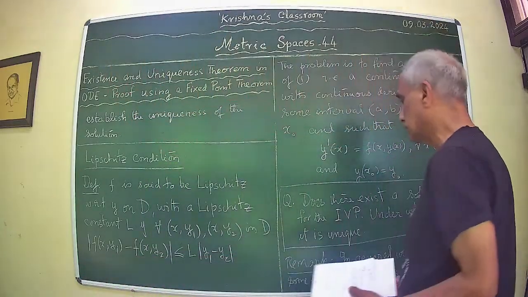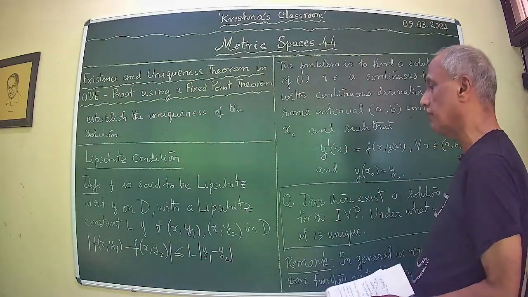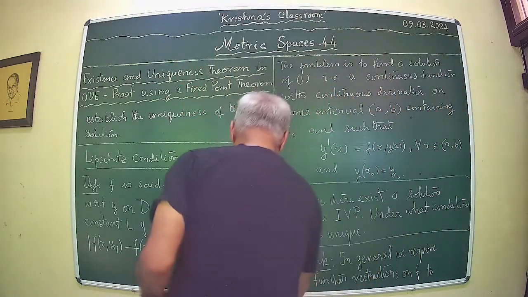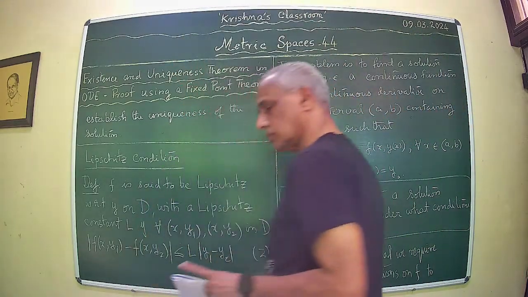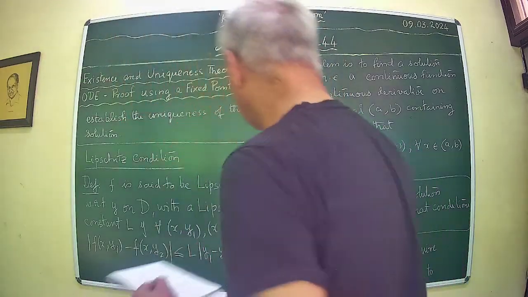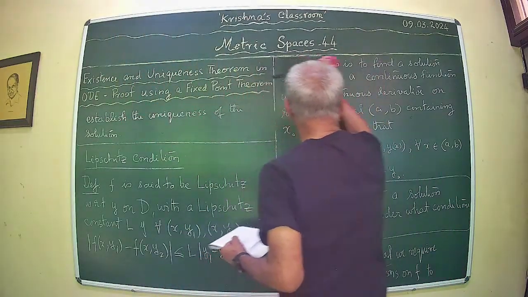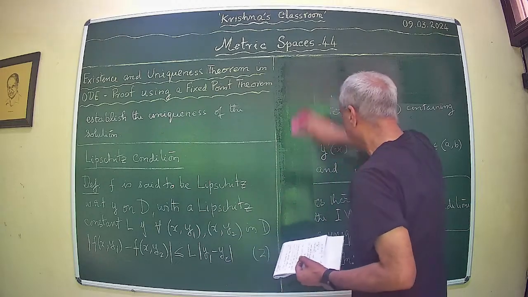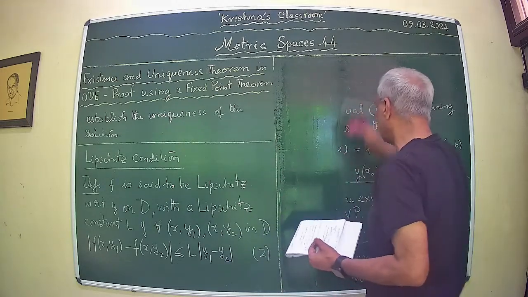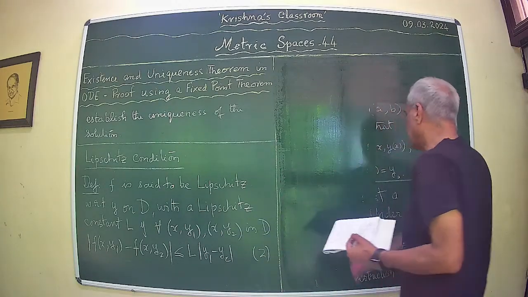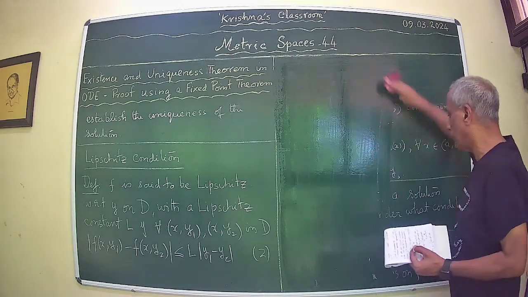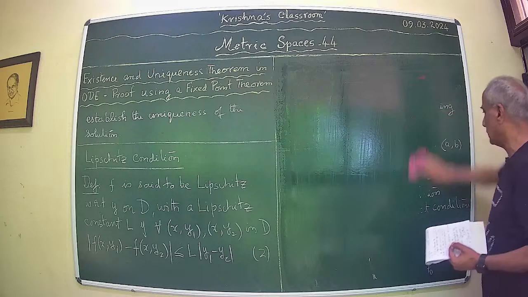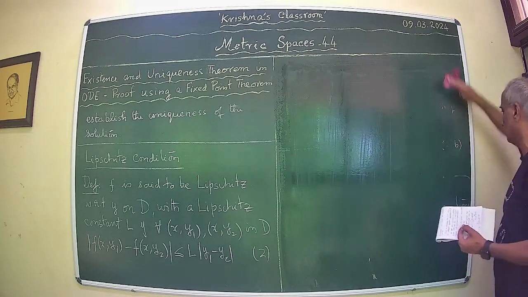Now in this talk we assume f is Lipschitz with this condition. So let me write down, often use 2 to recall this. So we start with the assumption as given in 1 along with the further assumption that f is Lipschitz with respect to y.